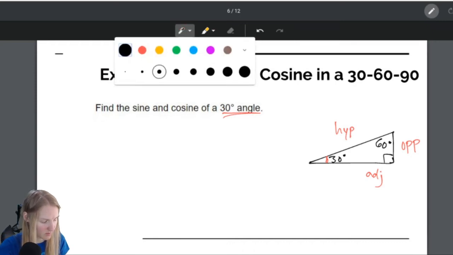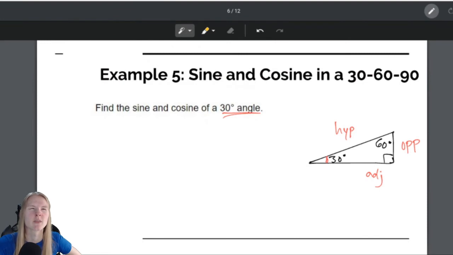Okay, I need some side lengths on this thing. So, remember the pattern was x, 2x, x root 3? You can pick any number for this, and it's still gonna work out. So we could pick 2, but I think you get how stuff will cancel out from the last example. So let's just use 1.